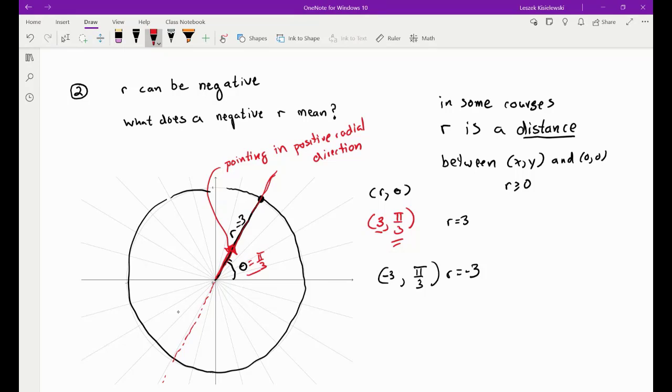So if theta is pi over 3 and r is negative, all we have to do is go in the opposite direction of where the pointer is showing us to go, because we're going in the negative radial direction. So when r is positive, we end up in the first quadrant. But if r is negative, we end up at a point in the third quadrant.